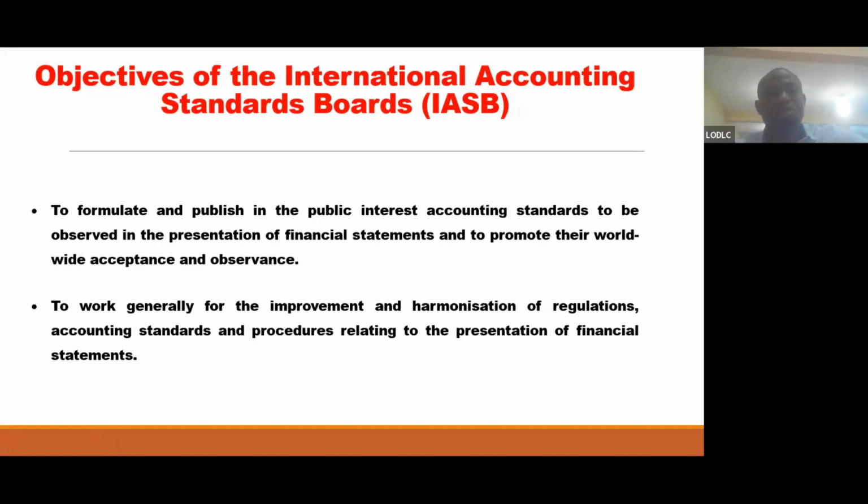So the objectives of the body that regulates International Financial Reporting Standards, that's the IASB: one, to formulate and publish in the public interest accounting standards to be observed in the presentation of financial statements and to promote their worldwide acceptance and observance. Two, to work generally for the improvement and harmonization of regulations, accounting standards and procedures related to the presentation of financial statements.